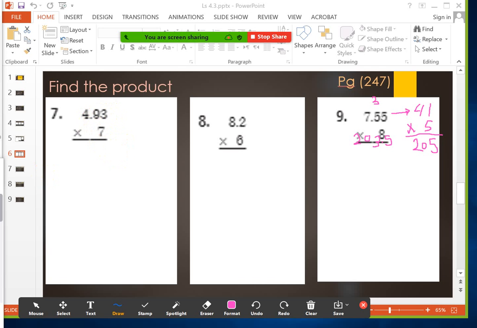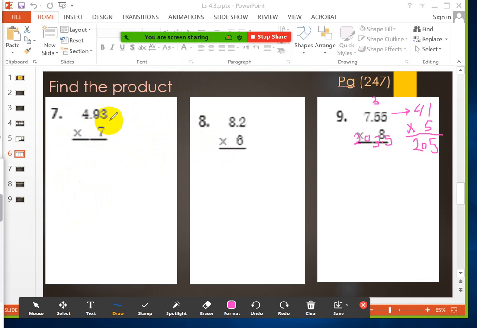Let's choose a girl to help me find the multiplication. Here it didn't mention to find the estimate, so if there is no question about the estimate, you don't have to find it. Let's choose Yasreem. Open your mic and help me to multiply.